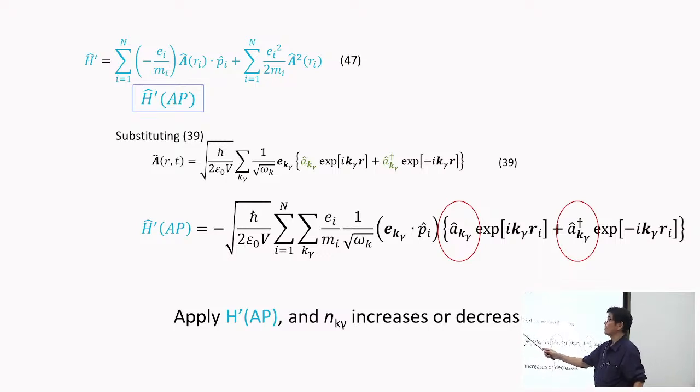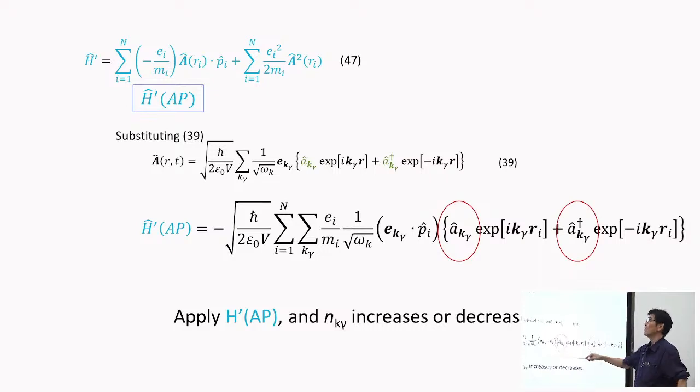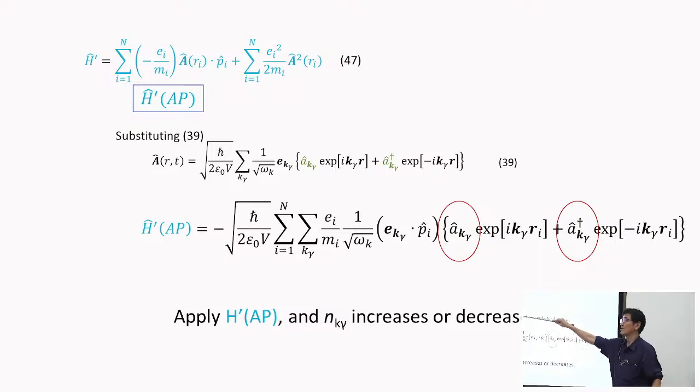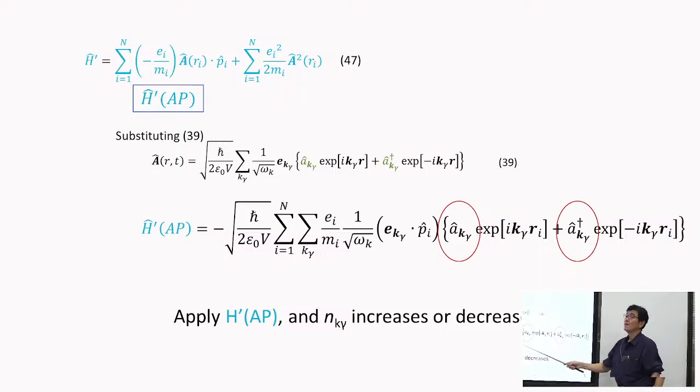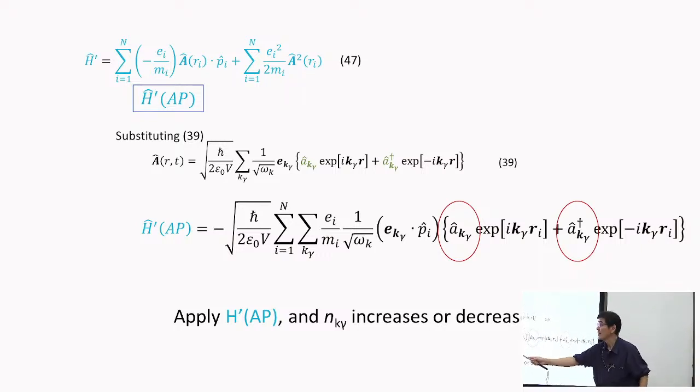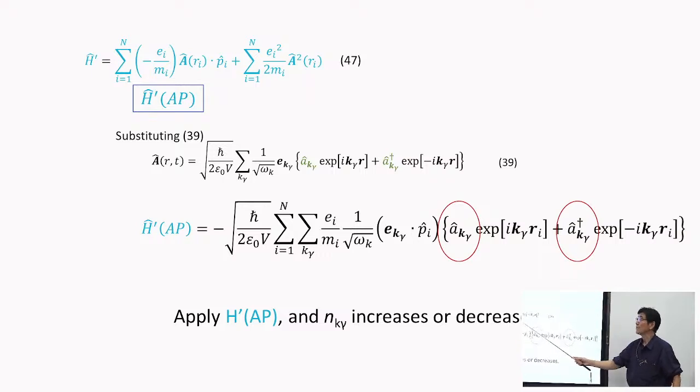To formulate Raman scattering, we should consider the contribution from the A·P term, so I will explain this term mainly. The A·P term contains A and P. P is a momentum operator, and A is the vector potential. Already we know the functional form of the vector potential A, so let's substitute this equation into this part.